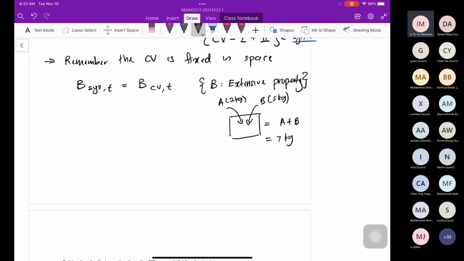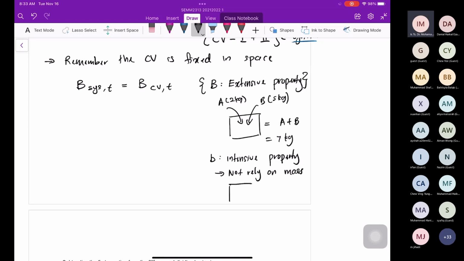The contrast of the extensive property is the intensive property, which does not rely on mass.